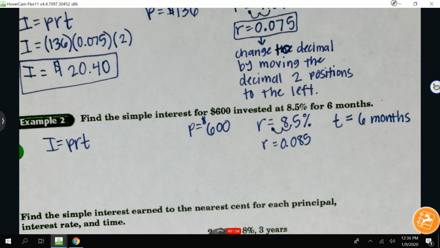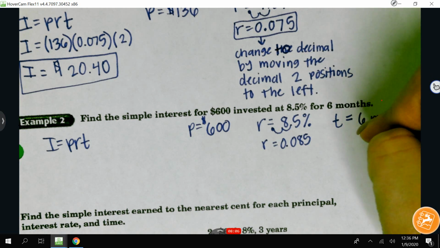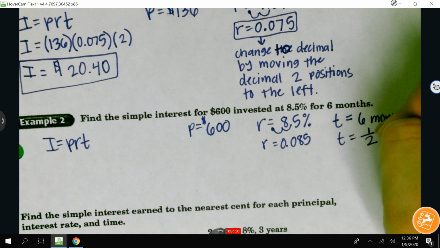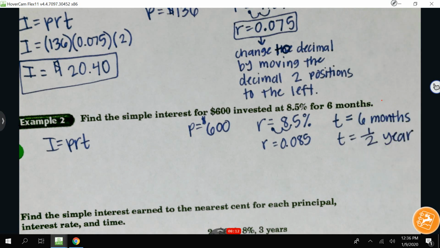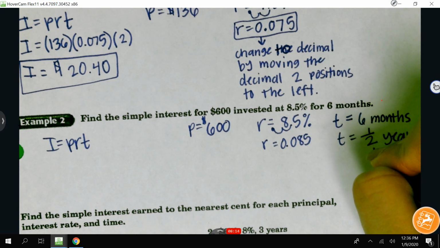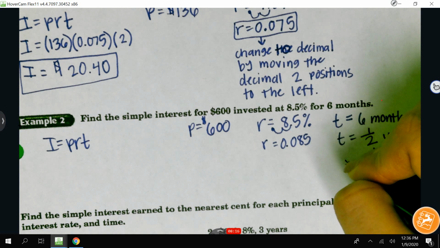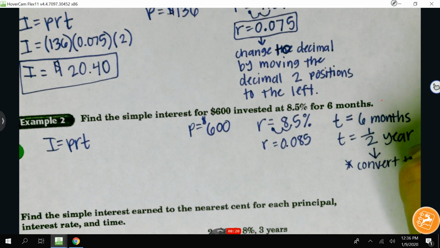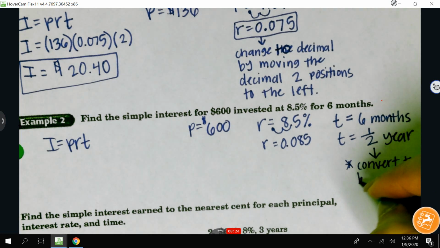So if I have 6 months, you divide it by 12 to convert it into years. So this would become half a year. Put a little note there that you have to convert to years by dividing by 12.